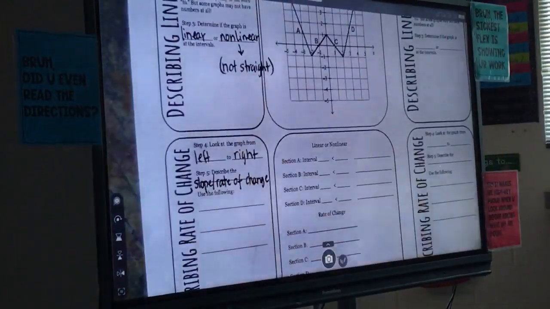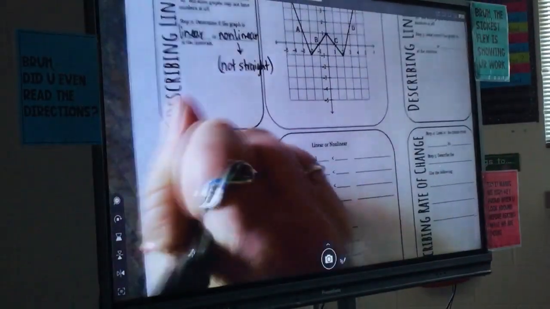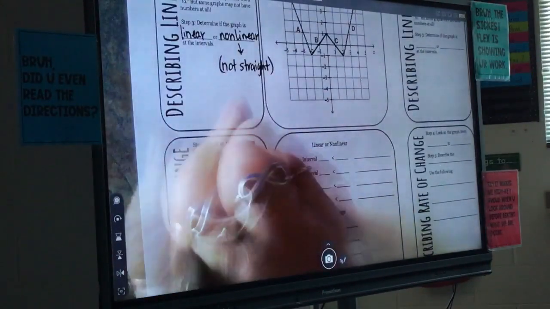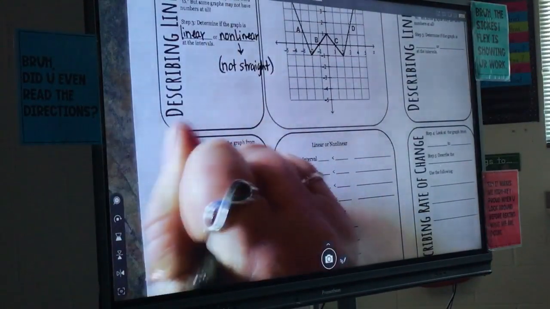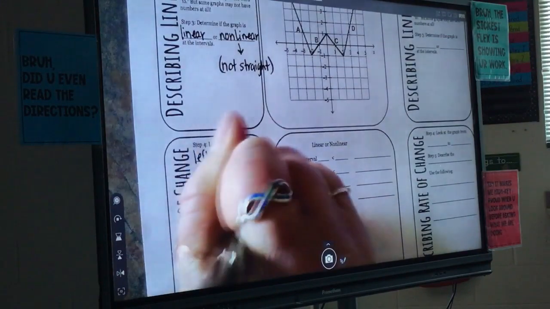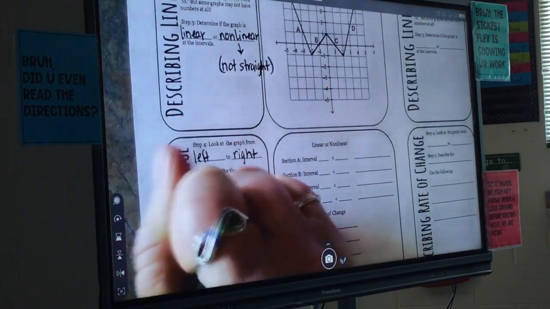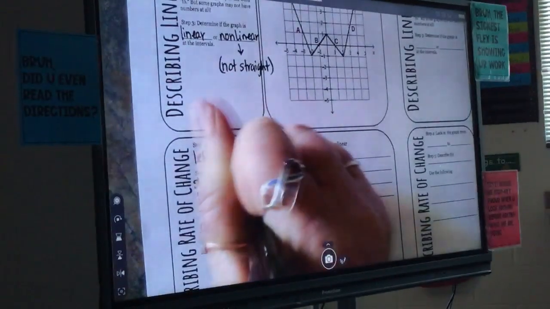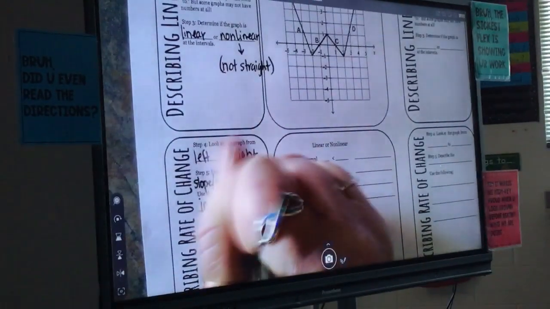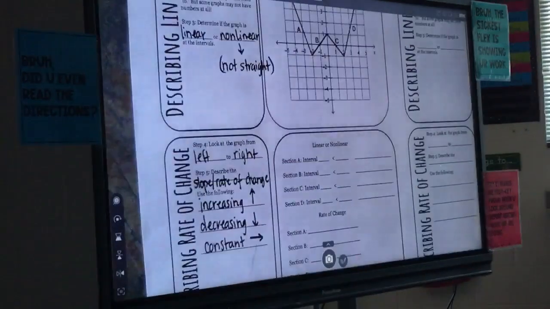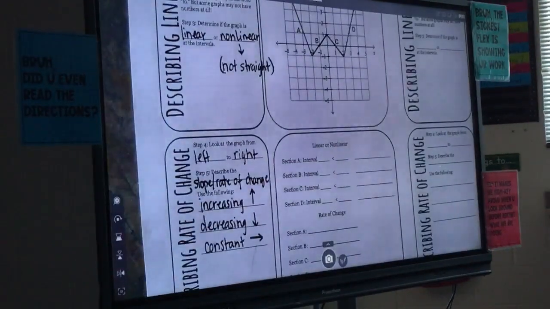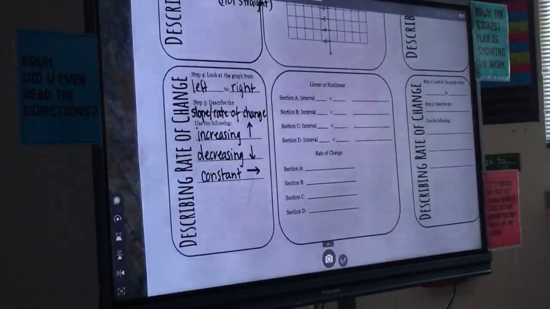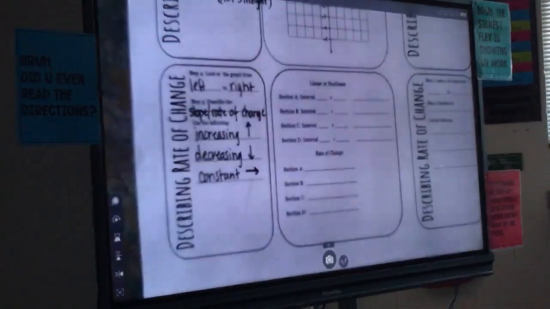And you're going to use increasing, decreasing, or the word constant. All right, thumbs up when you have this copied down.